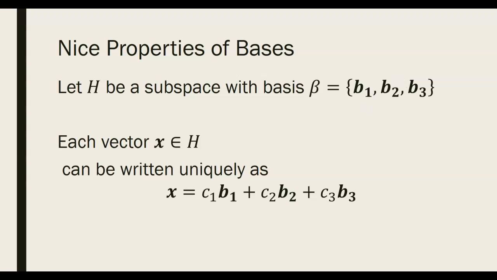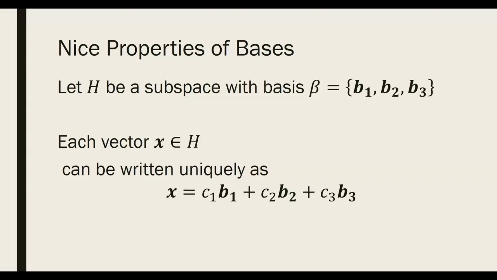The first is that the span of the basis is H. And second is that the elements of the basis are linearly independent. Now, what's this mean? Well, first off, since it spans H, if you take a vector in H, you can always write that vector as a linear combination of the basis elements. So that's what span means.